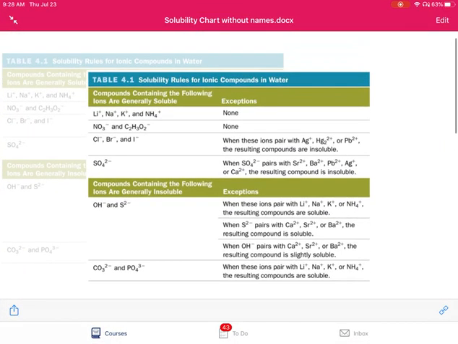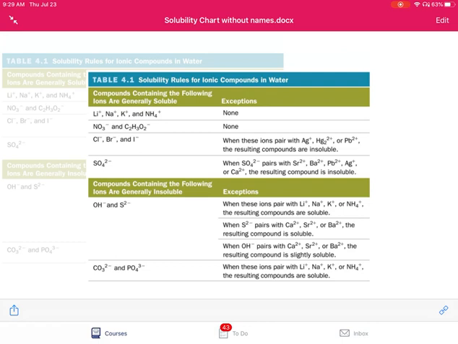In this table, in the first row, we can see compounds that are always soluble. Those are group 1 metals and the ammonium ion. Below that we have the nitrate ion and the acetate ion. Those are always soluble no matter what they're bonded to.